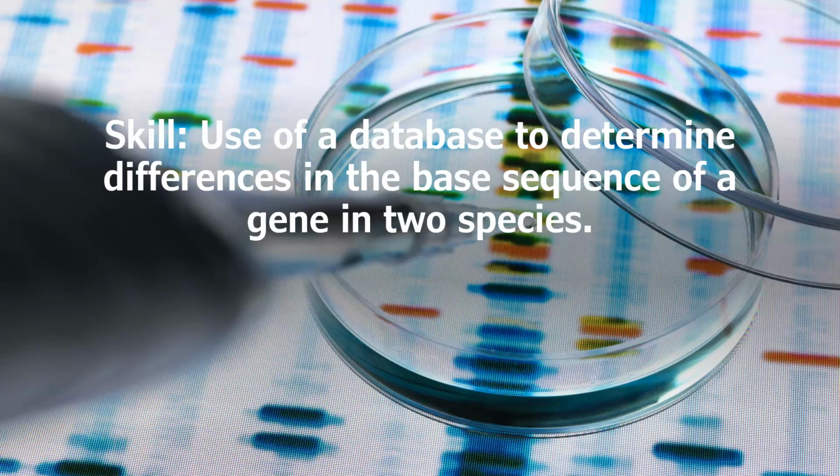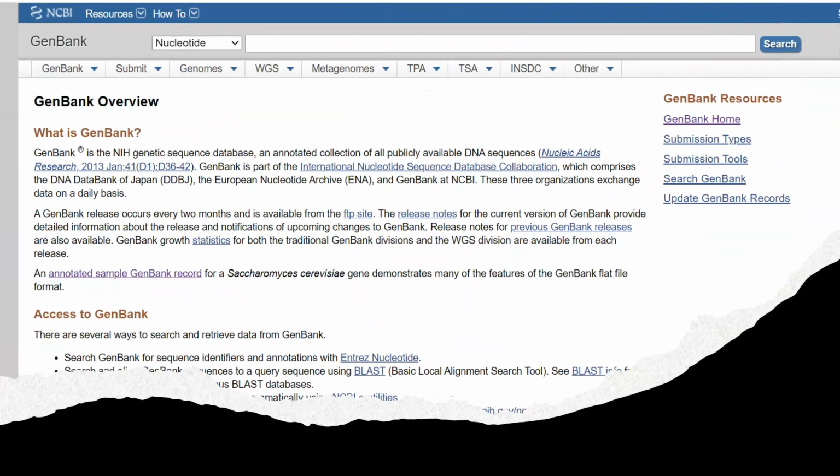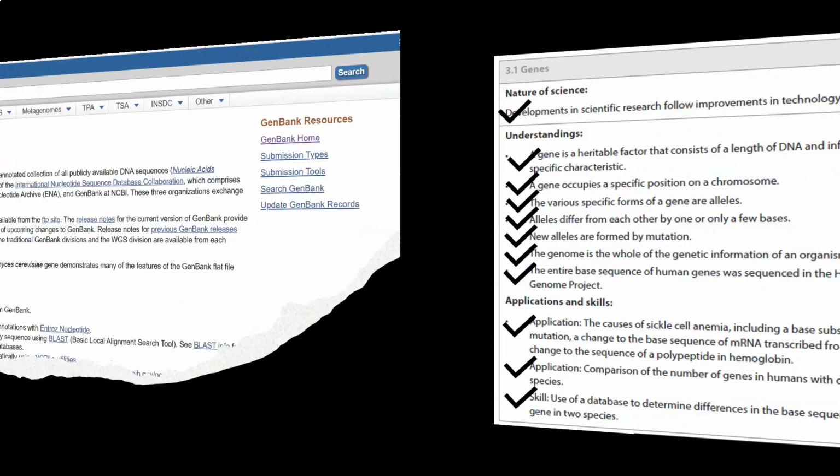A skill to use of a database to determine differences in base sequences of a gene in two species. So we will be doing this further in class, but you need to be able to use online databases such as GenBank to compare the base sequence, the genes of two different organisms.